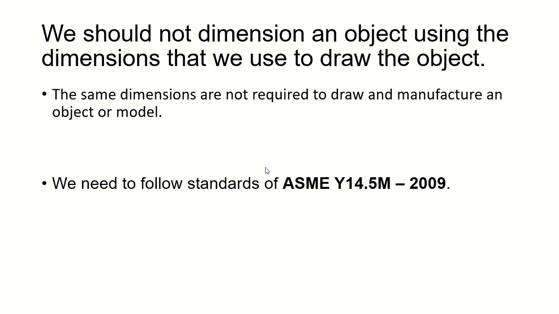So you have two things going on when you manufacture the object and when you draw the object. When you draw the object, you dimension with the drawing scale, and you don't have to draw at the object's exact size, so it's very flexible. You can make your own scale. It can be half size, or for a smaller object you can make it 1:1 ratio.